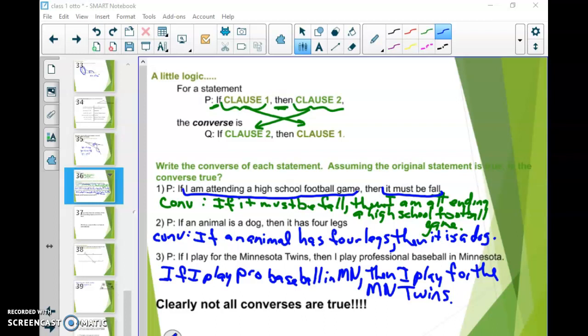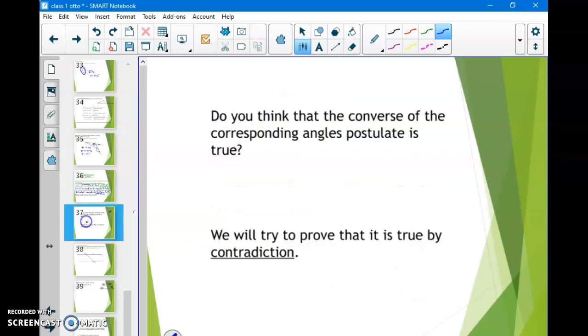The first two stick out the most. Right now, there isn't a whole lot of professional baseball in Minnesota other than the Twins, but we know that there are a lot of other animals that have 4 legs than the dog. And funny, football in the fall. Wouldn't that be a cool thing too, huh?